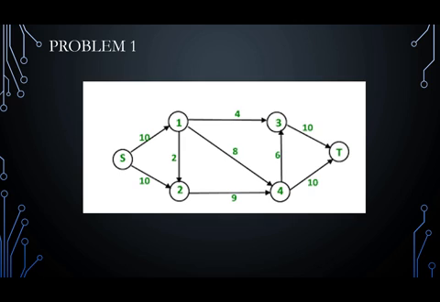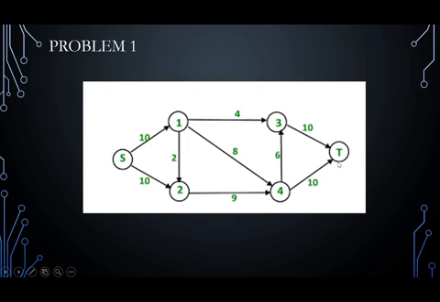So shall we have a look at it with respect to a problem? This is a particular network that I have considered. This is the special node called the source, because it has only outgoing arcs and no incoming arcs. I always represent a source with S and a sink node with T. So this is your sink node.